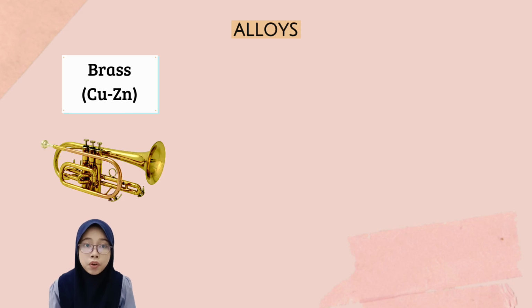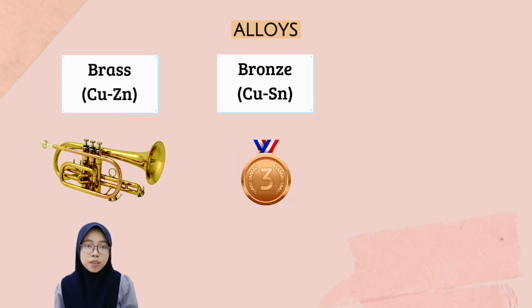Instead of pure copper, alloyed copper improves its strength. Other alloys such as brass are a combination of copper and zinc. This alloy is used to make electrical fittings, metal, decorative items, musical instruments, and hardware. Bronze is a combination of copper and tin.